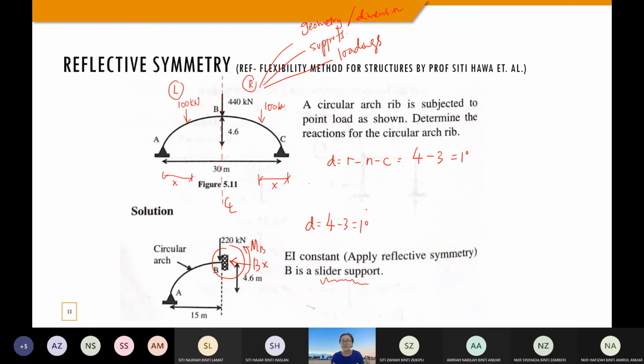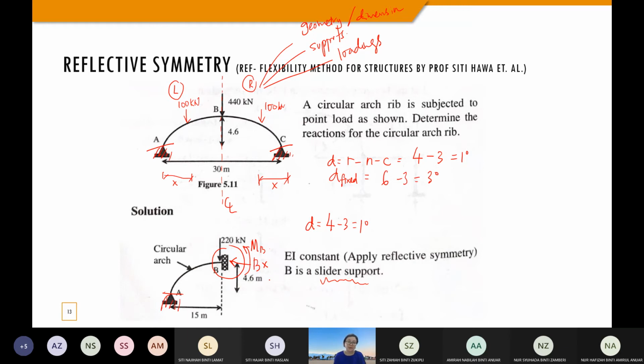But if you have fixed support at A and fixed support at C, I recalculate D. With fixed supports at A and C, you have 6 support reactions, so in total you have 3 degrees of indeterminacy, or 3 redundancies to be removed.